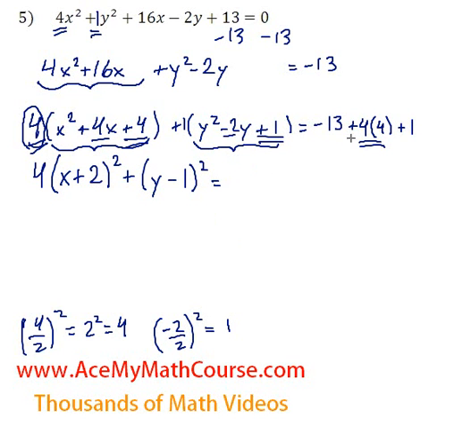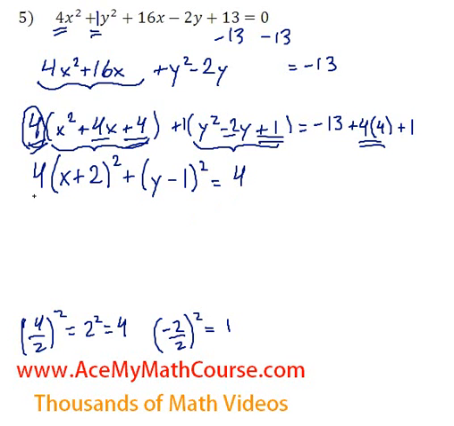And on the other side of the equation, we have negative 13 plus 16, because 4 times 4 is 16. So negative 13 plus 16 is just 3, plus 1, 4. Fantastic. Now we're one step away from writing this equation in standard form.